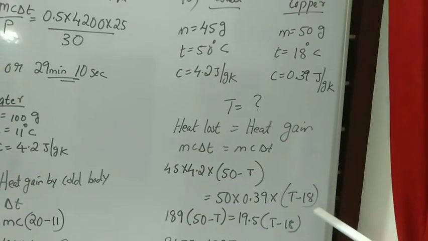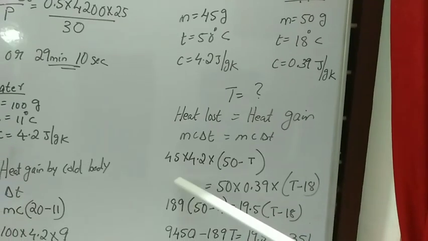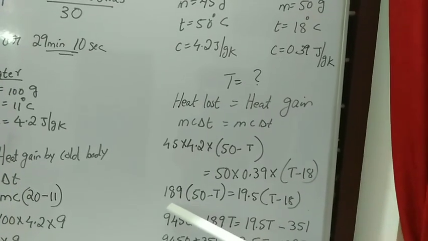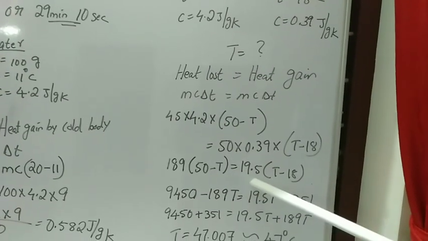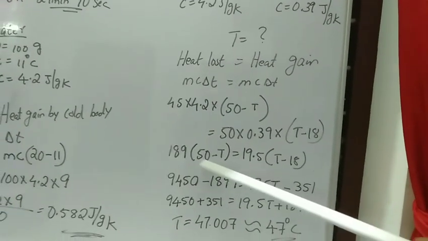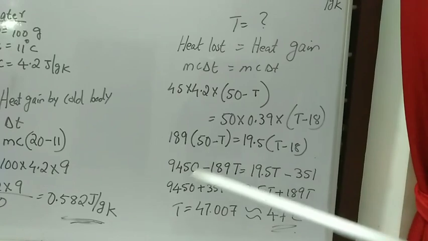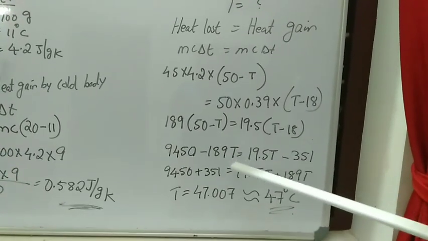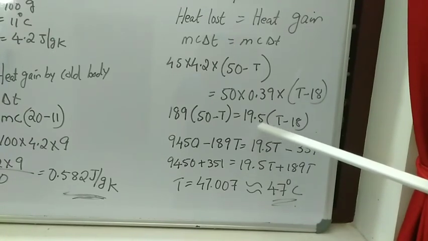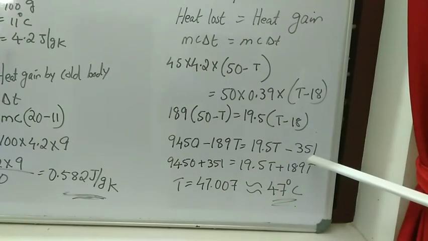Here T minus 18. Now just multiply 45 into 4.2, that is 189, into 50 minus T equals, multiplying this we get 19.5 into T minus 18. Now open the bracket: 189 into 50 is 9450 minus 189 T is equal to 19.5 T minus 19.5 into 18, which is 351.